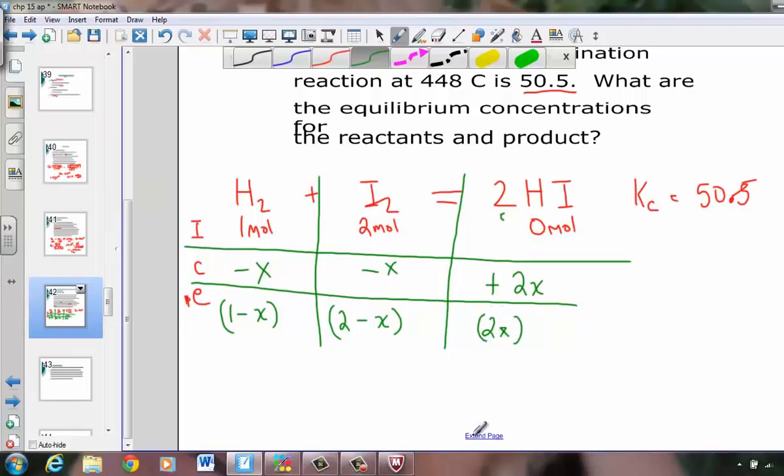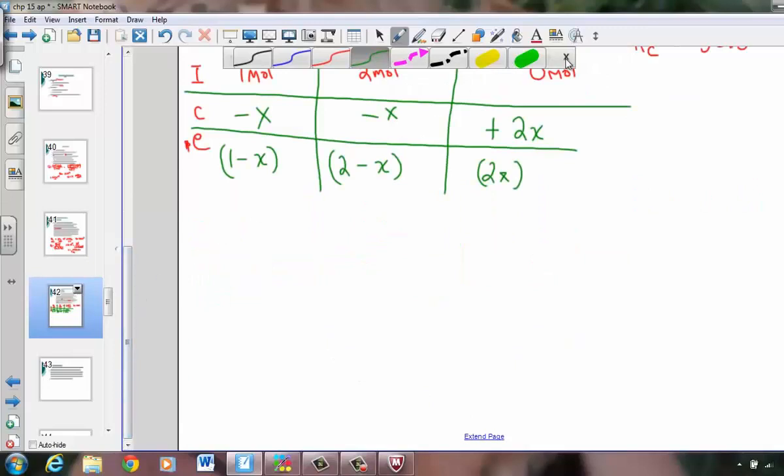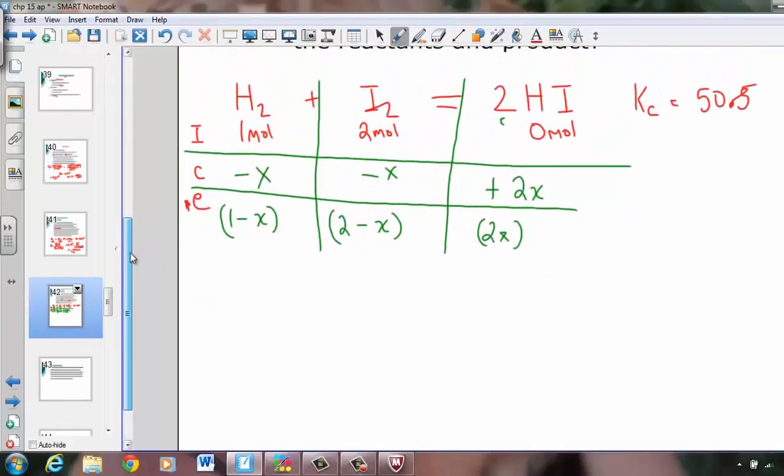So let's begin with a little bit of algebra, knowing what we are given and what we're trying to solve for. The product here, HI, will go on top and it will be squared, set over the concentrations of our reactants, all equal to the K value.